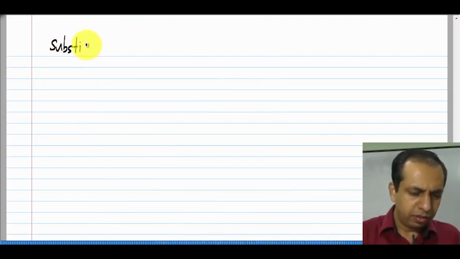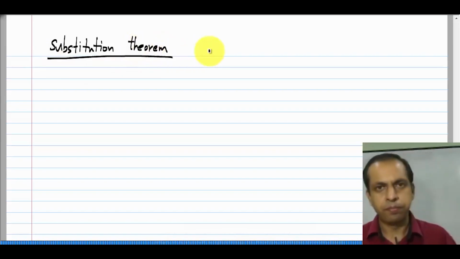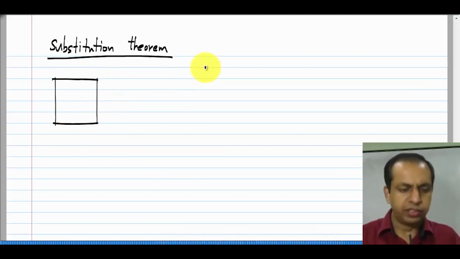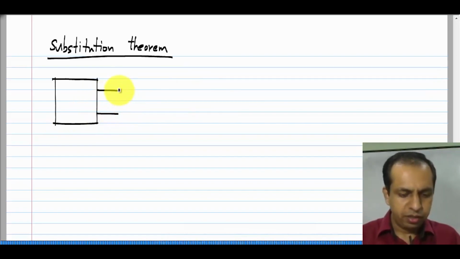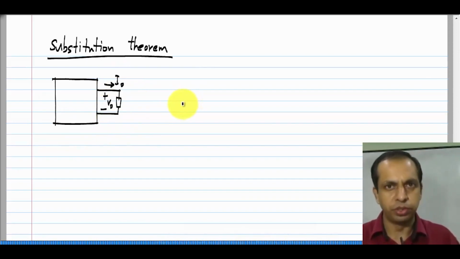Now, let us consider the substitution theorem. Here again I said that if I have any circuit, in this case it does not matter whether it is linear, non-linear, whatever it is, and under certain conditions a given element, it could be a resistor, it could be something else also, has a certain voltage V0 across it and certain current I0 through it. It applies only for the specific conditions of voltage values and so on.